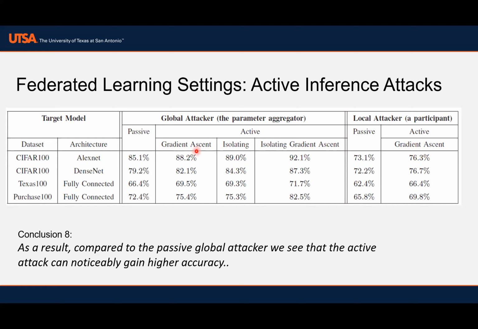As a result, compared to the passive global attacks, we can see the active attack can gain higher accuracies.